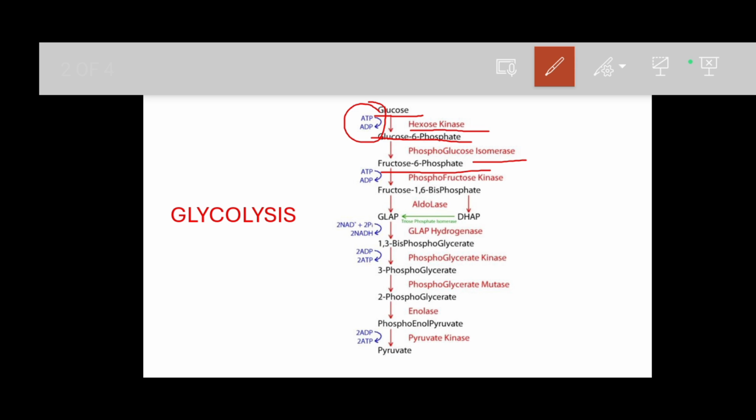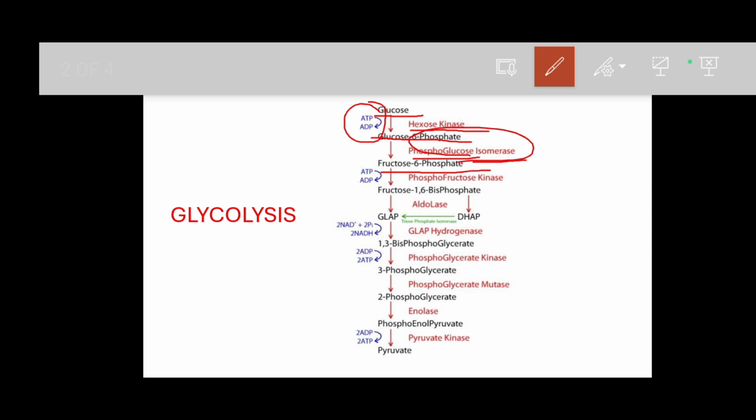So the conversion from glucose 6-phosphate to fructose 6-phosphate requires an isomerase enzyme. The glucose molecule containing the phosphate group is converted into fructose 6-phosphate, and this enzyme is called phosphoglucose isomerase. I think that is clear.